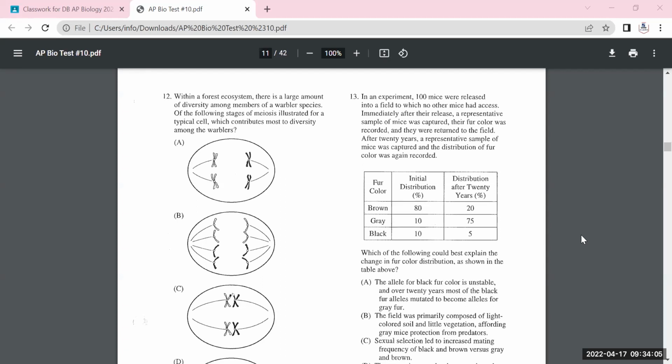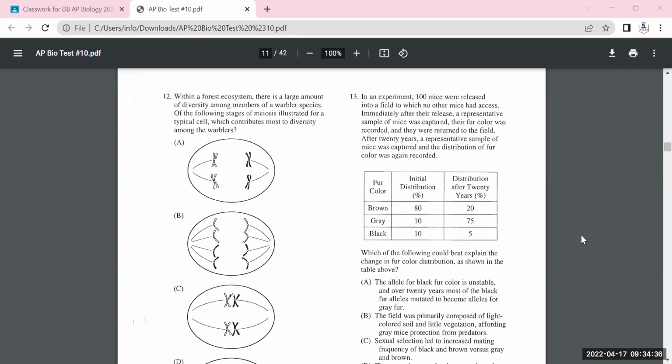After 20 years, the vast majority of your mice are gray, no longer brown. Your brown, which used to be 80%, now is only 20%. So something about having brown no longer carried an advantage with it. Okay.